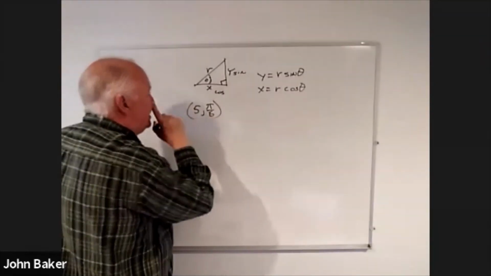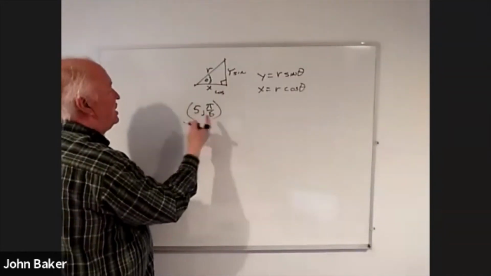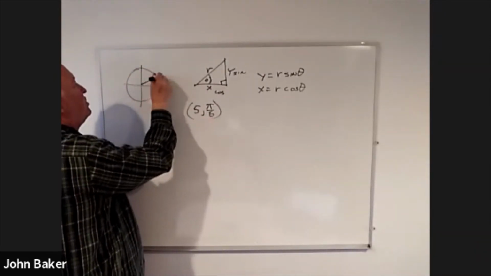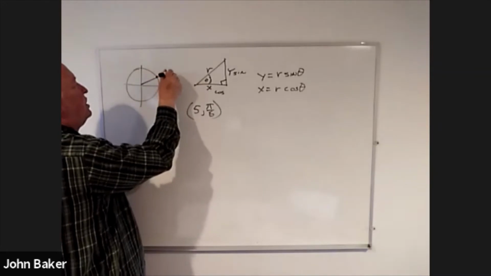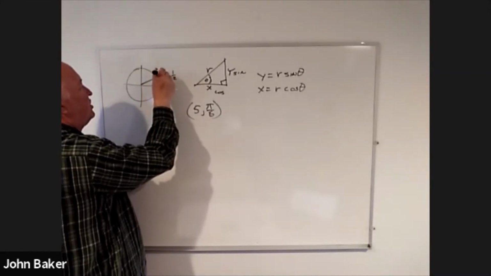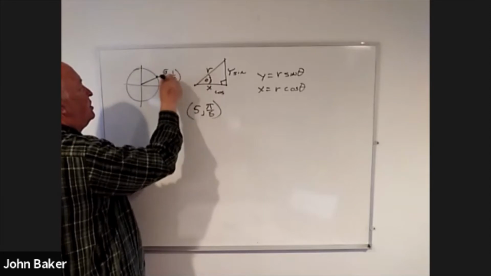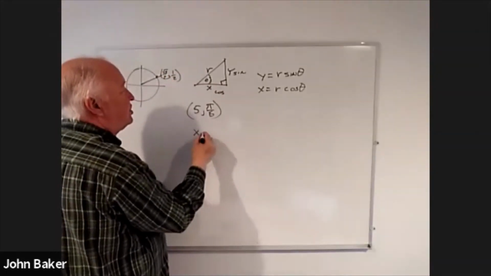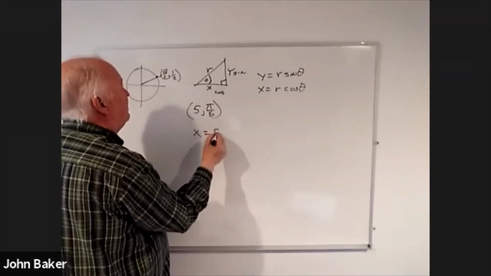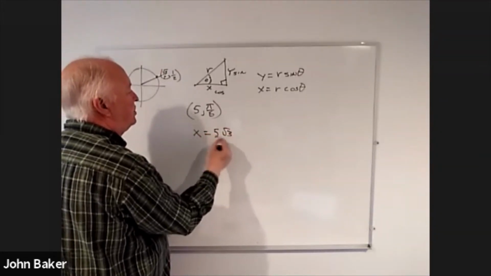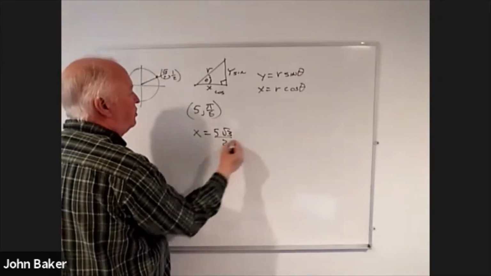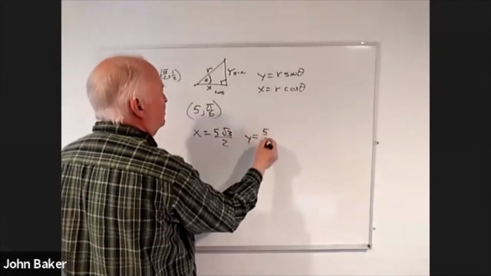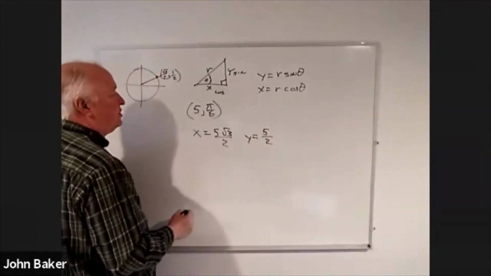Okay, so I'm going to need to find the sine and cosine of pi over 6. Pi over 6 is here. I see the y coordinate is 1/2, so the x coordinate is square root of 3 over 2. And so x will equal 5 times the square root of 3 over 2, and y will equal 5 times 1/2, which is 5 over 2.